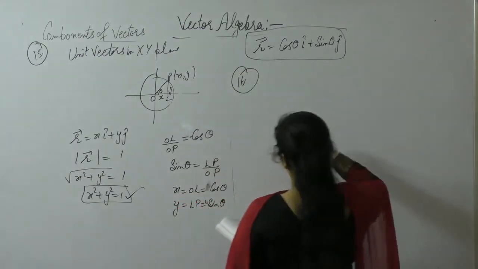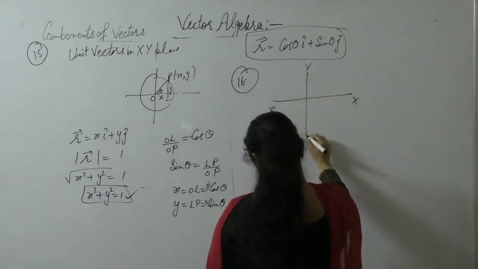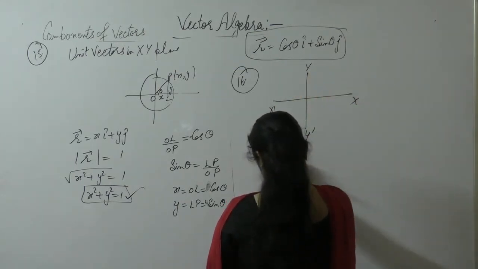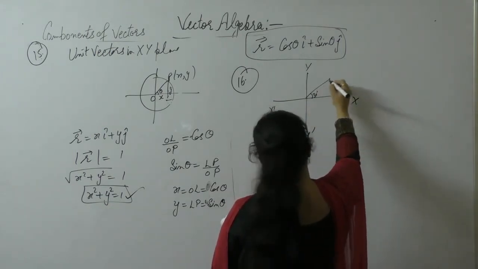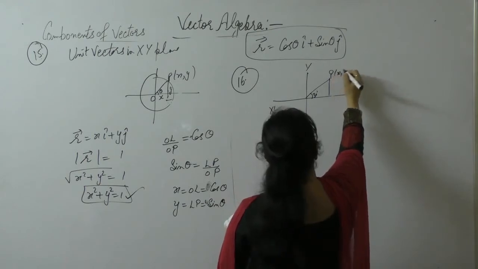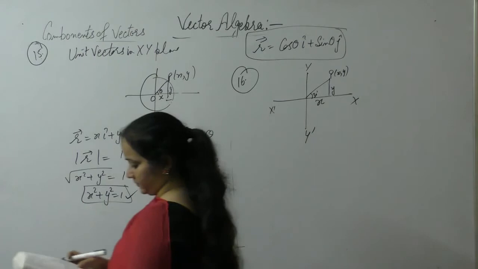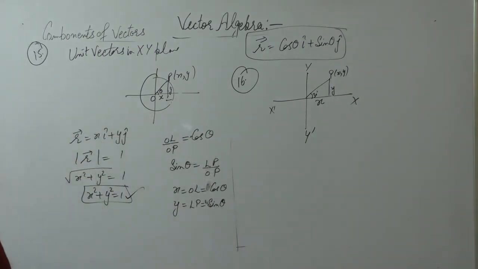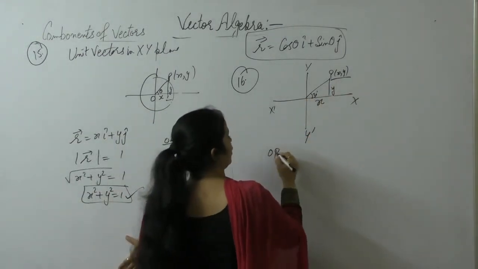Write down a unit vector in xy plane making an angle of 30 degree with the positive direction of x-axis. P(x, y) is a point in xy plane, so OP is 1.